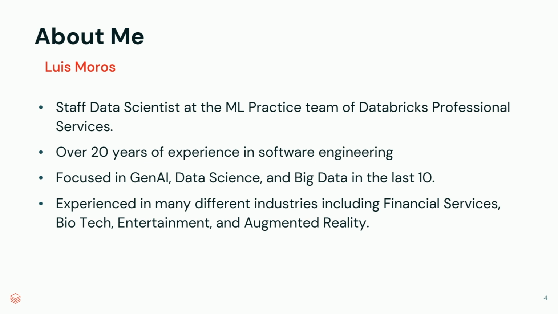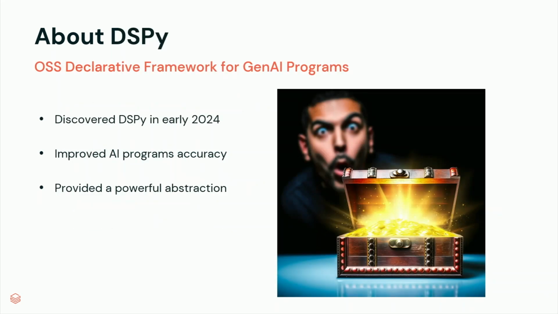So a little bit about me. I'm a staff data scientist at the ML practice team in the professional services unit of Databricks. And about a year and a half ago, I stumbled into DSPy. I was implementing a text-to-SQL project, and I couldn't make it have any better accuracy.